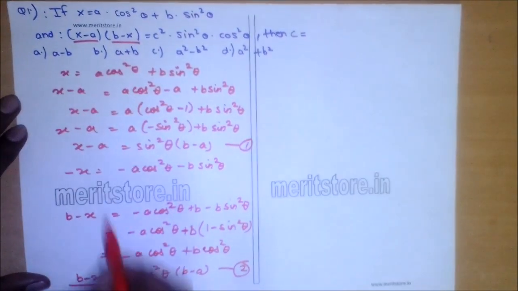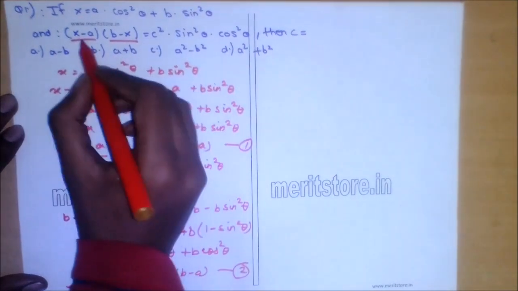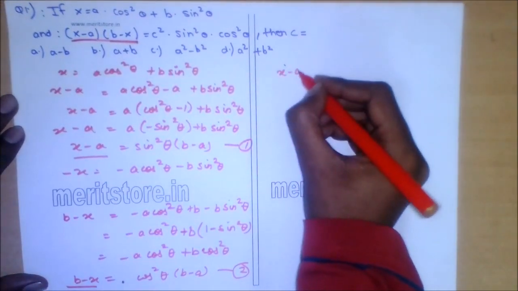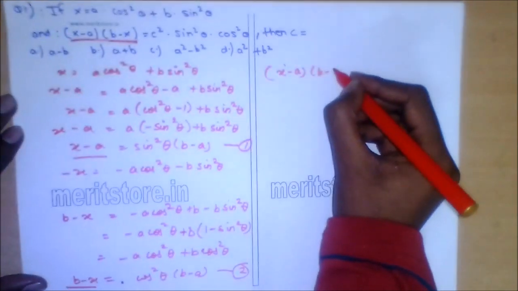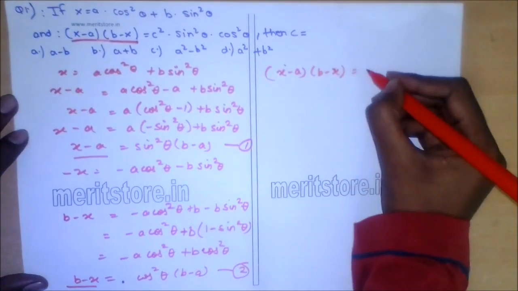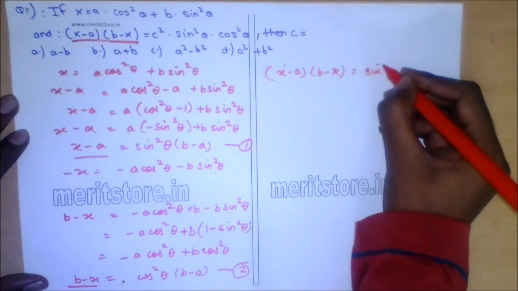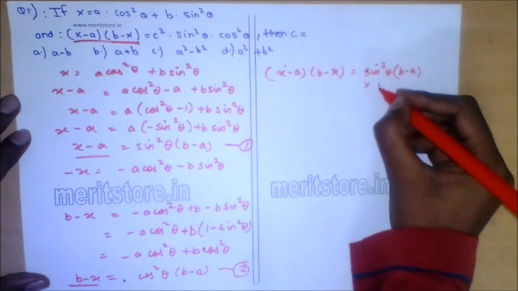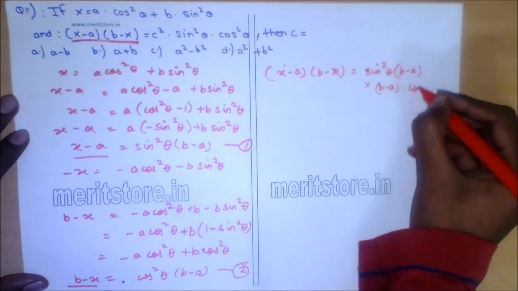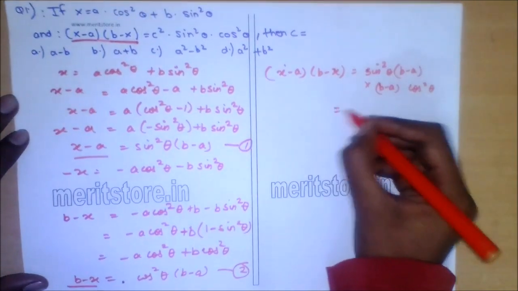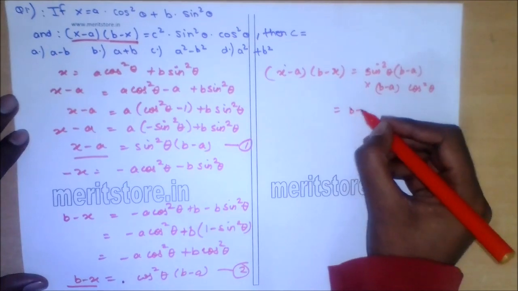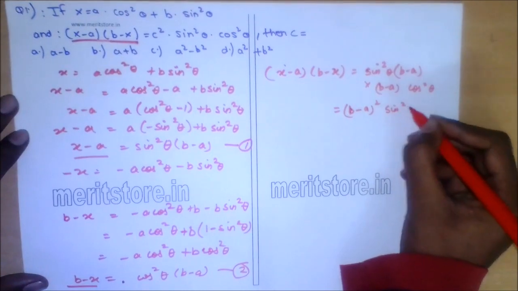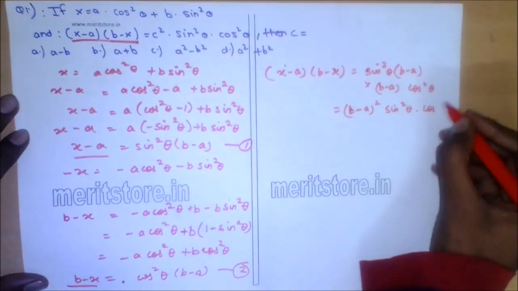Now we multiply equation 1 and 2 to get this LHS term. So we get (x minus a) into (b minus x) is sin square theta (b minus a) into cos square theta (b minus a). That is equal to (b minus a) the whole square sin square theta cos square theta.